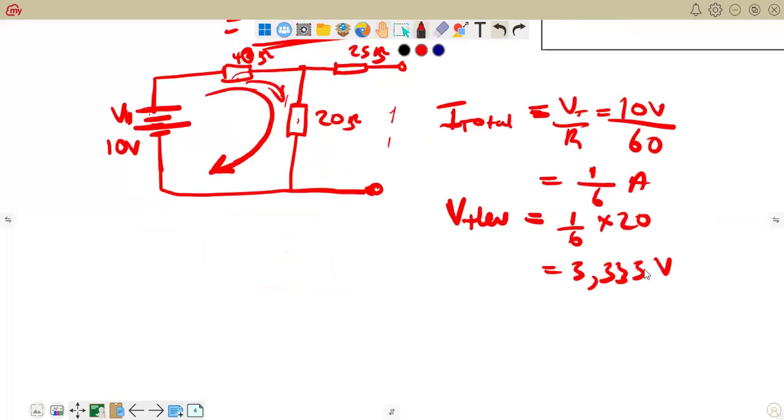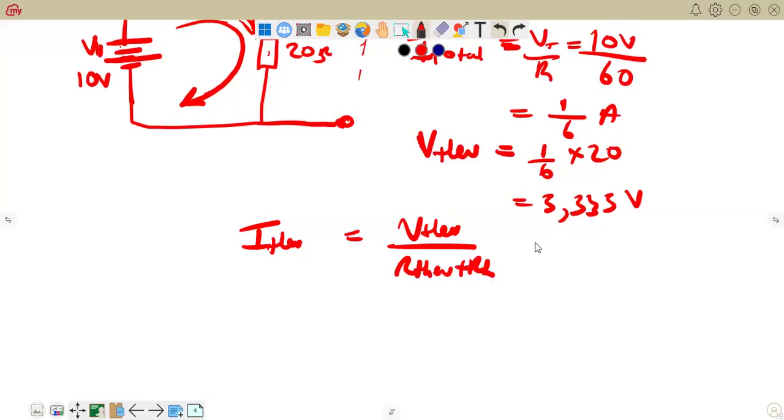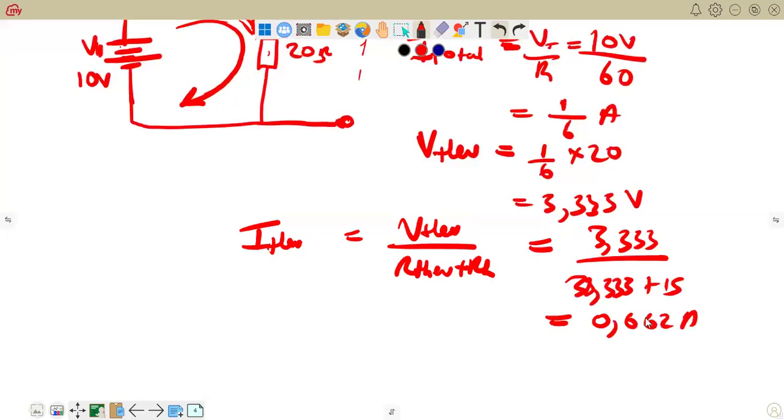Now that we have VTH, we go to the formula that we use to calculate IL. So IL is equal to VTH over RTH plus RL. That is 3.333 divided by 15, and that will give us 0.062 amperes.